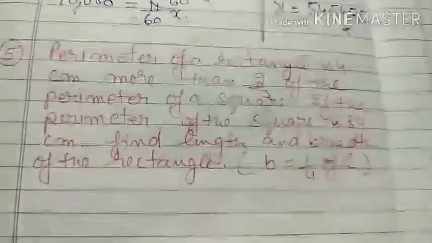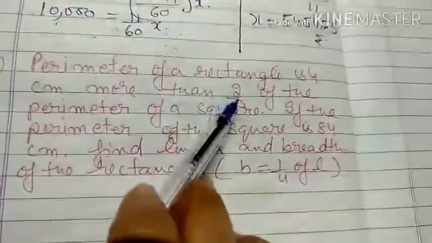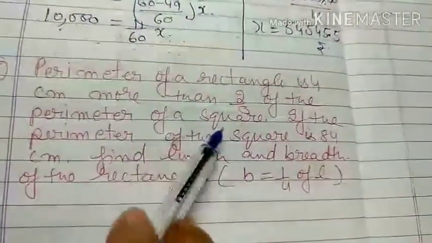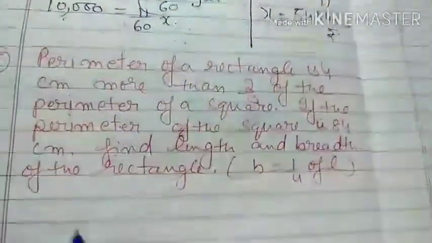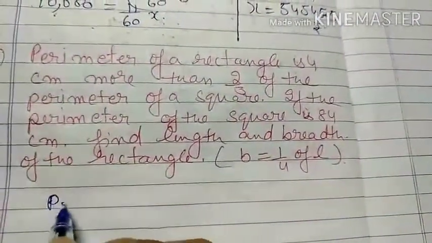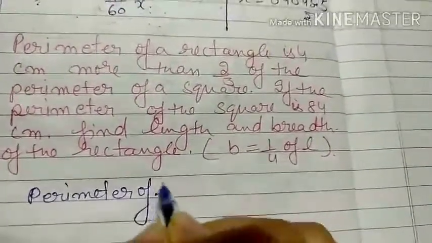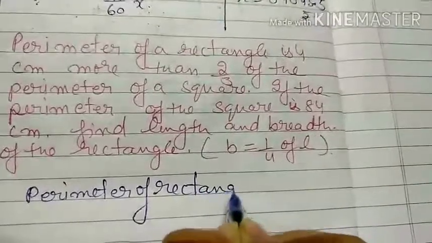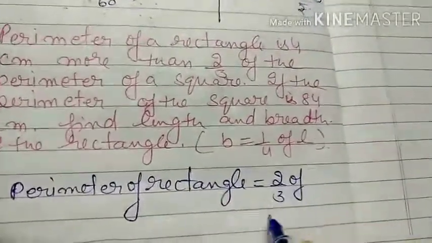Next question is, perimeter of rectangle is 4 cm more than 2 by 3 of the perimeter of the square. It means, according to the translation of the first line, perimeter of rectangle is equal to 2 by 3 of perimeter of square.